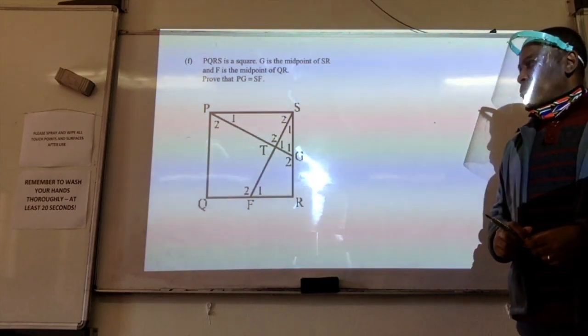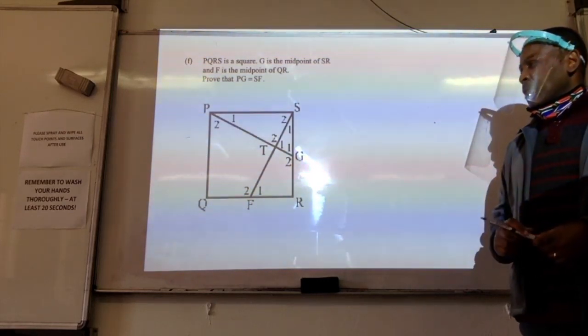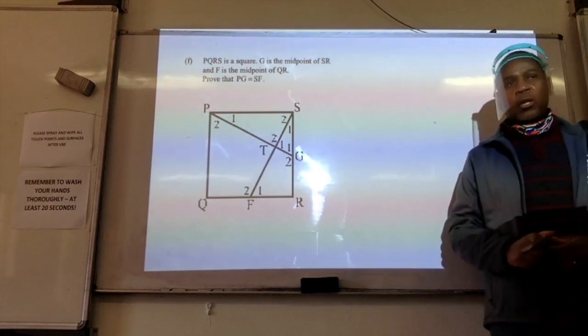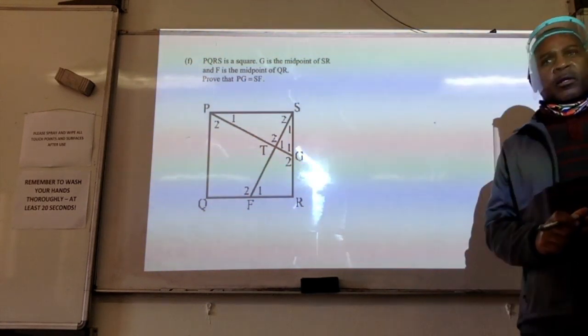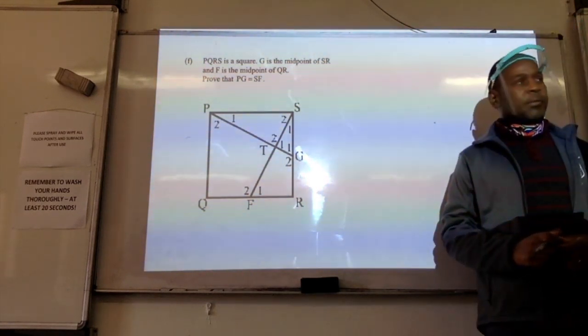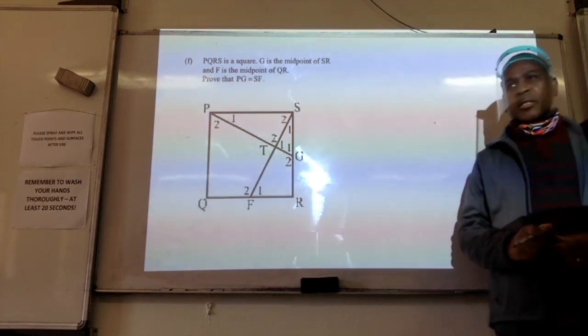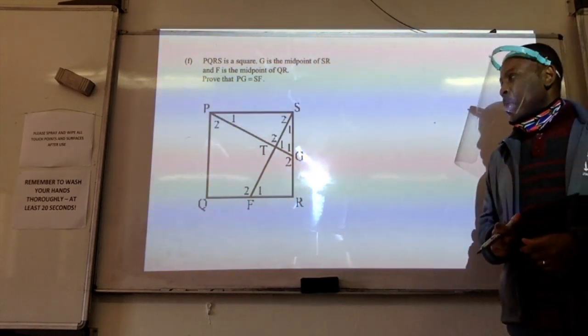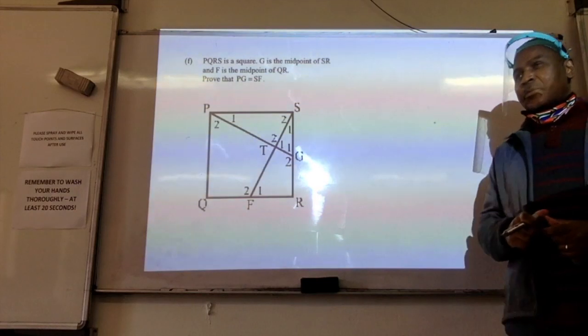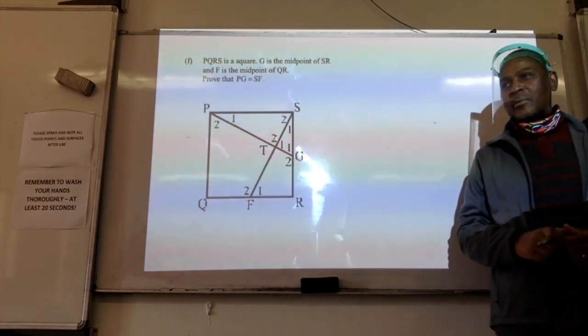If G is the midpoint of SR and F is the midpoint of QR, what conclusions can you draw from that? Yes. They start at the same point and because it's a square, each side is equal.